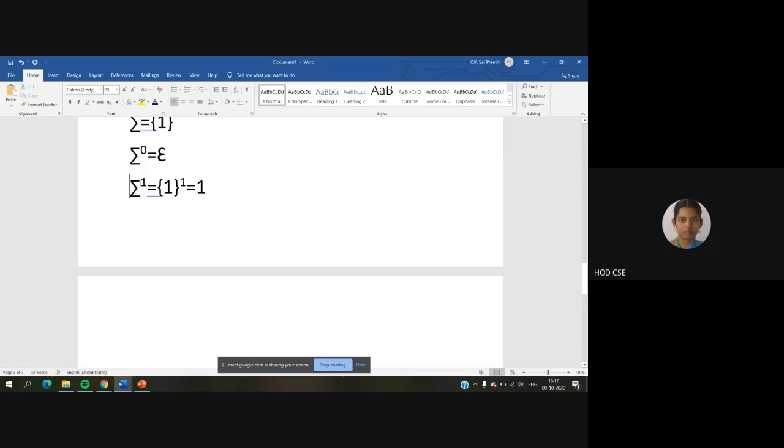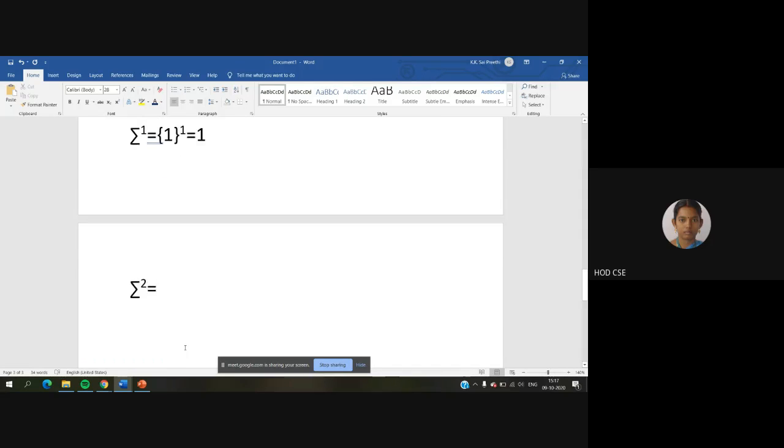Okay, what is sigma power 2? Here, power means what? Power in automata theory is how many times the symbol is repeated.